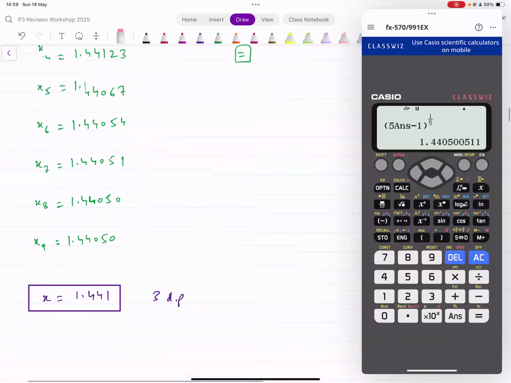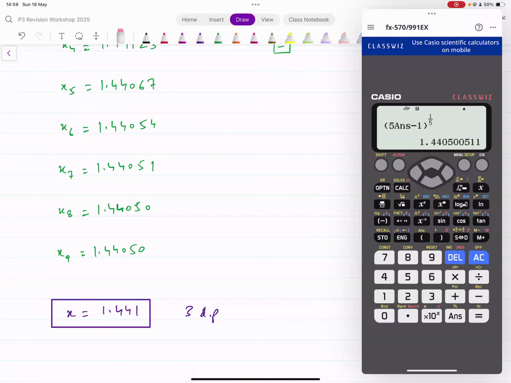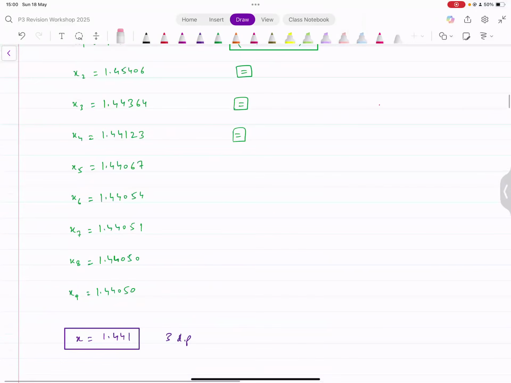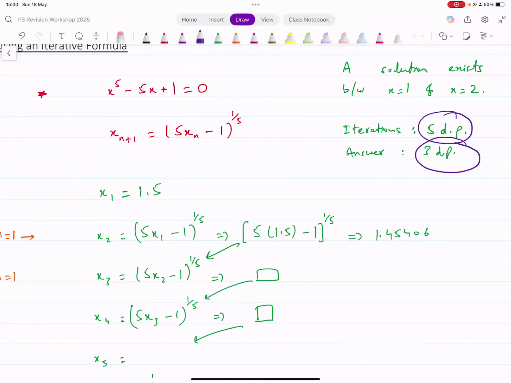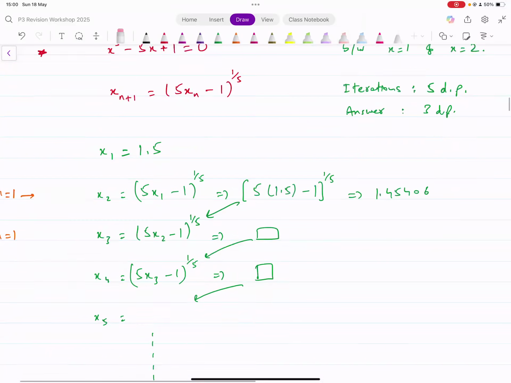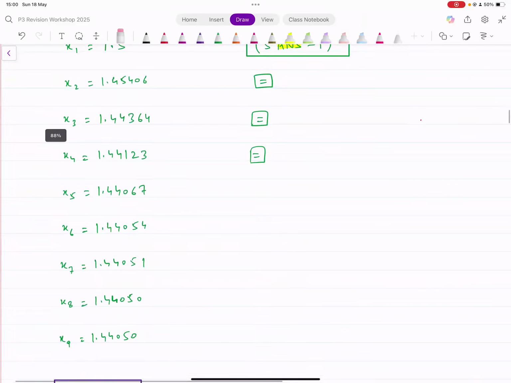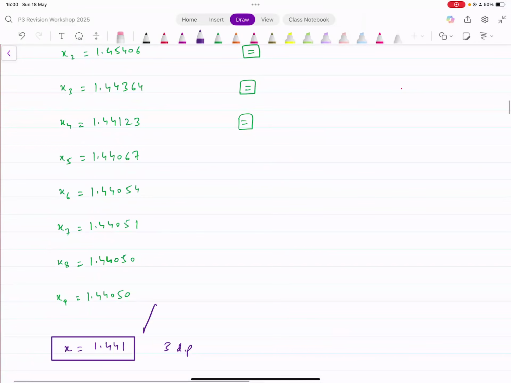And you say, therefore, the solution that you have is x equals 1.441 to 3 decimal places. They wanted each iteration correct to 5 decimal places and the answer correct to 3 decimal places. So you write all the iterations to 5 decimals, and then when it becomes stable, you write down the final answer to 3 decimal places.